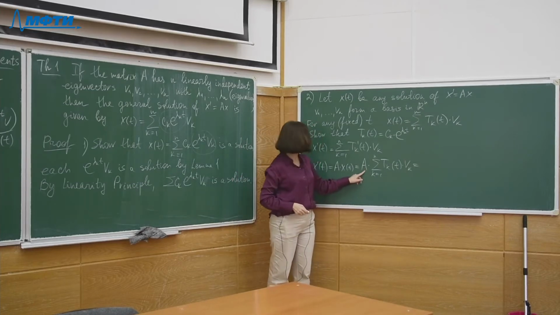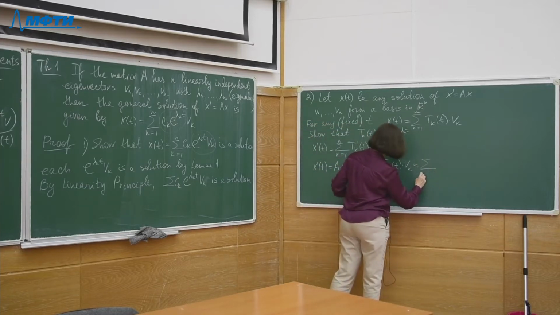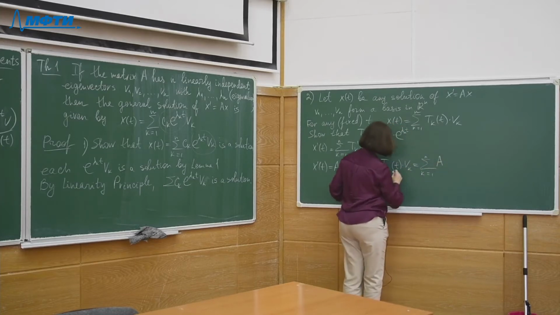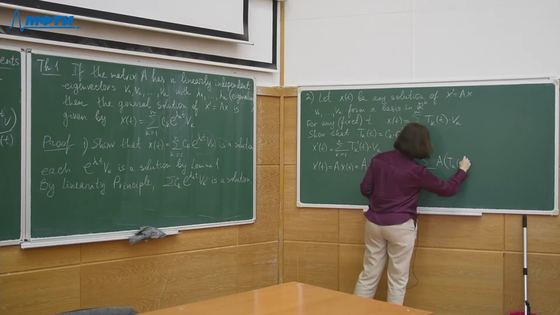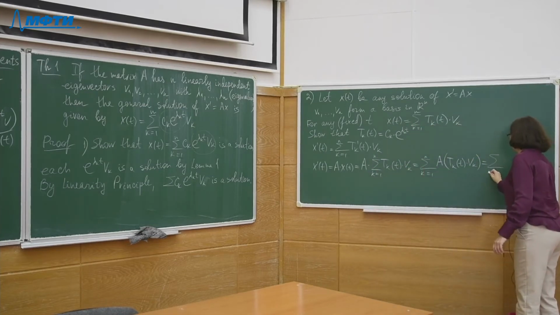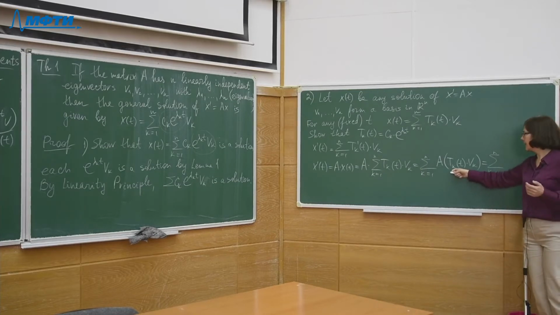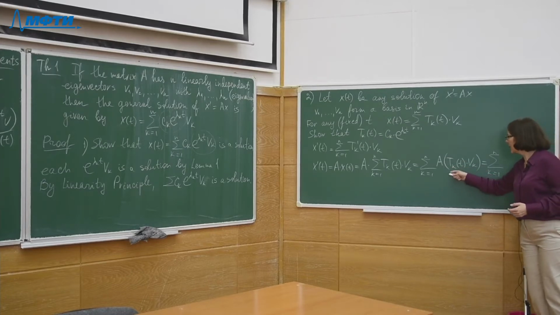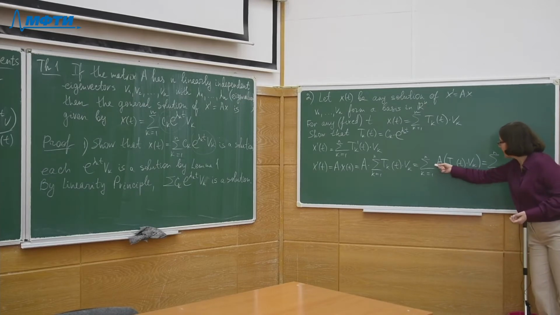Since multiplication by the matrix is a linear operator, we can rewrite this sum as the linear combination of A applied to these vectors. For the fixed value of t, this is a constant, and this constant can be moved through this operator.